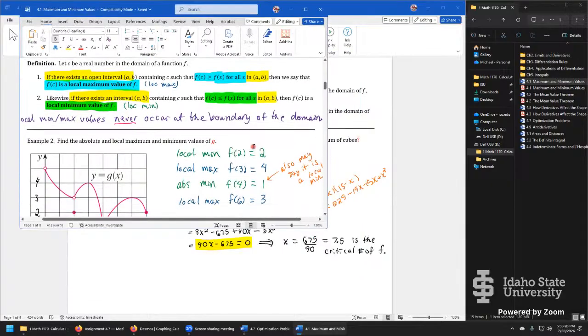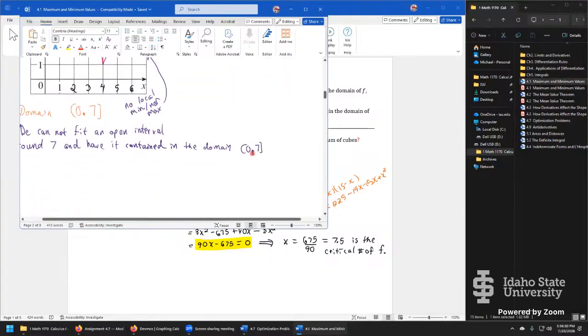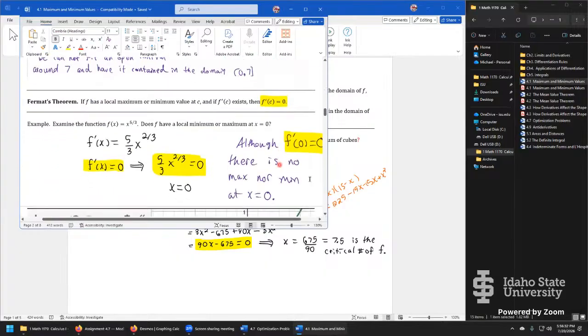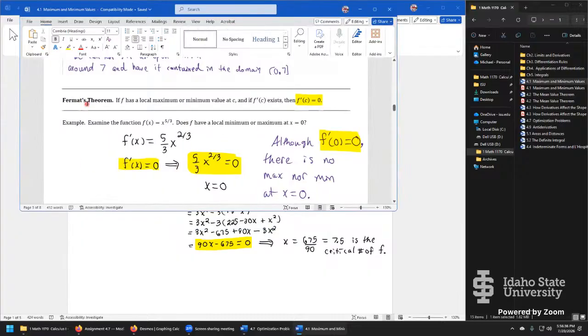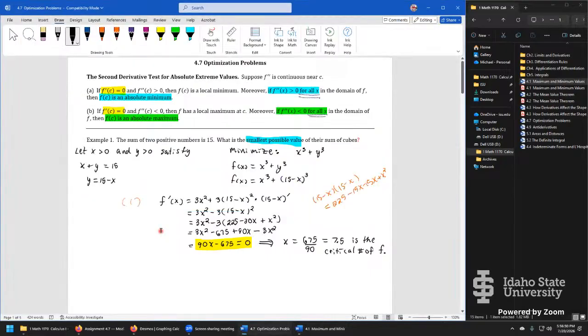So we were just talking about minimums, maximums, local mins, local maximums. We were introducing the idea of a critical number through Fermat's theorem. We just solved for our problem, f prime at c equals 0, and got 7.5 as the critical number. But you know, that's not always the whole story to these kinds of functions. Sometimes a critical number could lead to an absolute minimum. Sometimes it could be an absolute maximum.